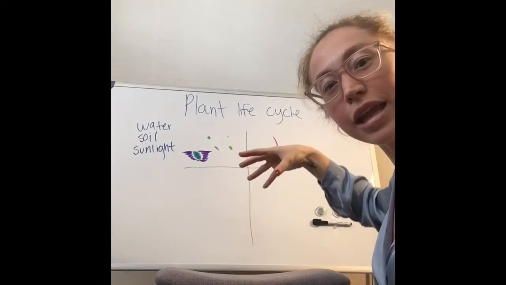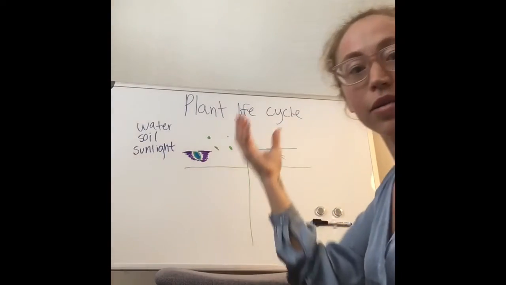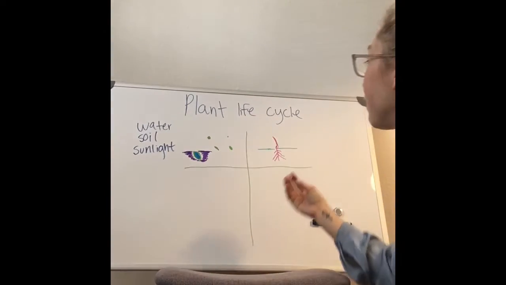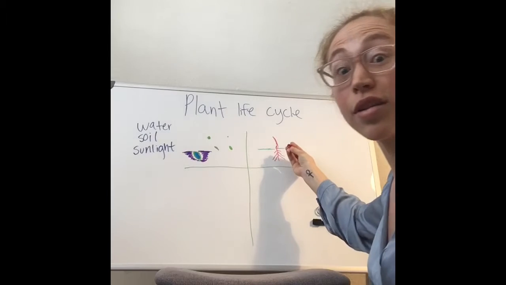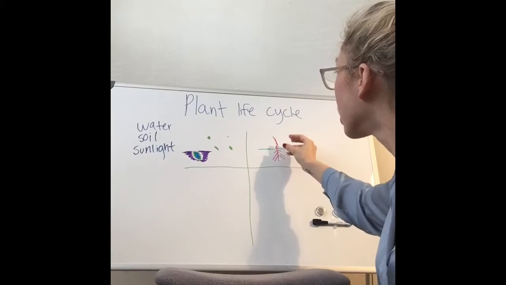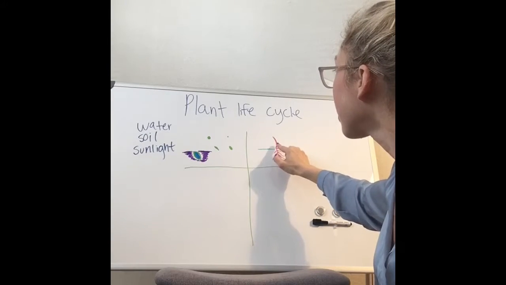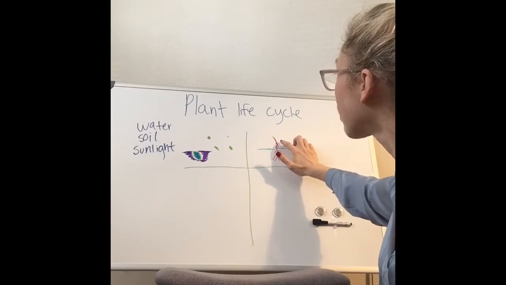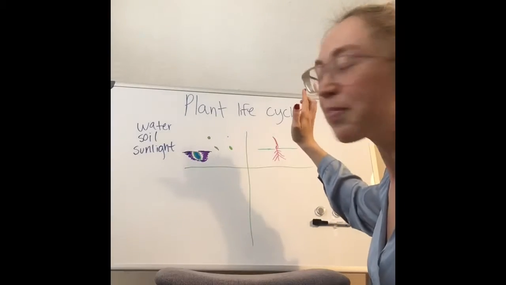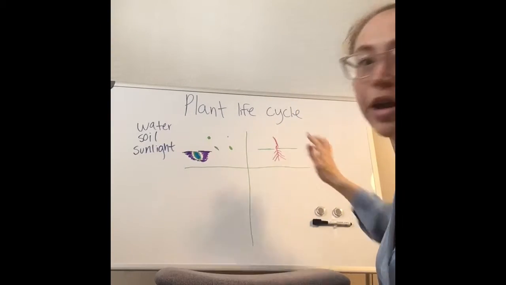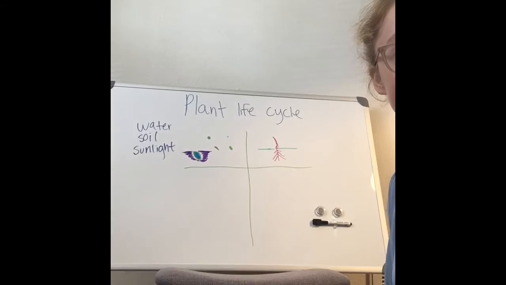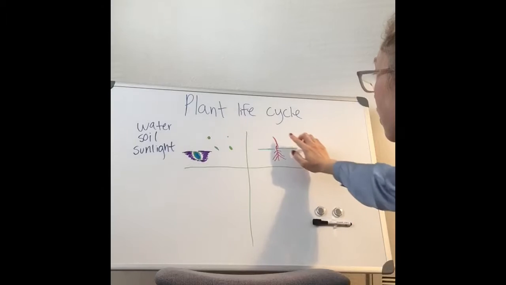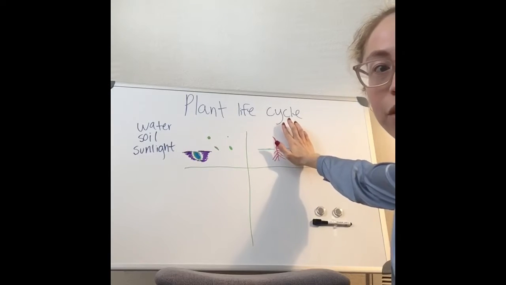These little tiny roots, they can absorb these minerals as well as the water from the rain or from water that you put on the plant. The roots absorb it and it uses it as nutrients, as power to help the seed sprout up this little shoot. This is called a shoot, and it comes up from the soil. So the shoot grows upwards towards the sun.